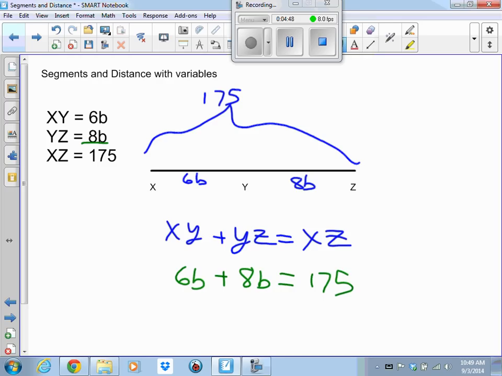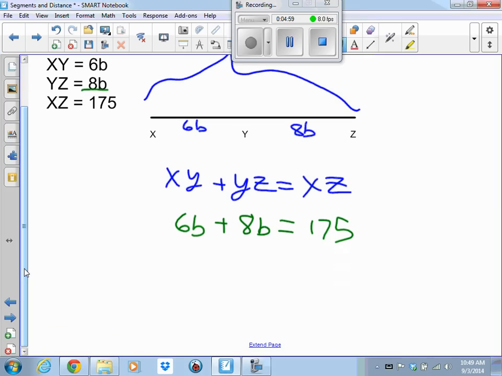All right, so now down again to just a basic solving problem. We have 8 plus 6 is 14b equals 175. Divide by 14. b is 12.5.